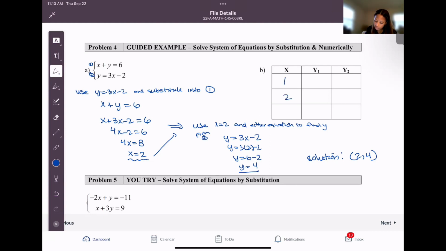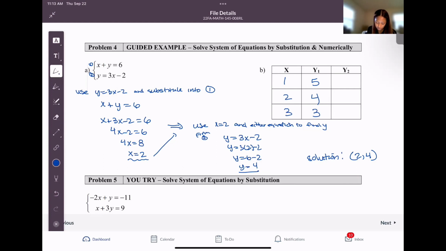So we can look at x equals 1, x equals 2, and x equals 3. For y1, if x equals 1, y would be equal to 5. When x equals 2, y1 equals 4. And when x equals 3, y1 will be equal to 3.